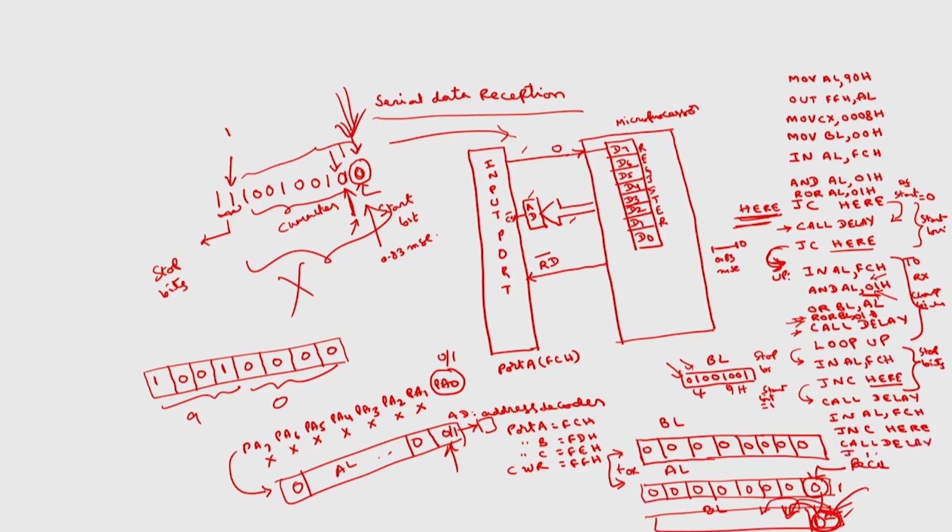jump not carry here. If both the bits are ones and they are available for 0.83 millisecond duration, then we will confirm that the received character is a valid one, then we will simply halt.